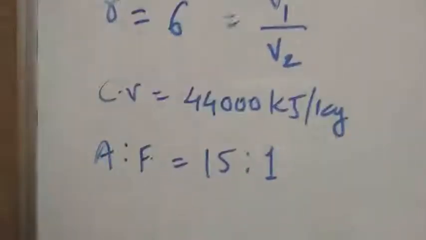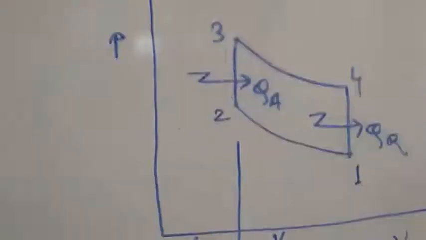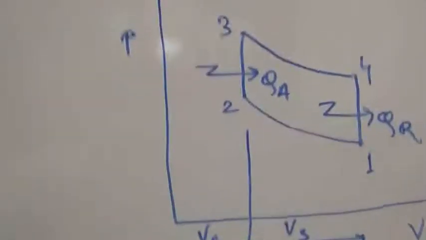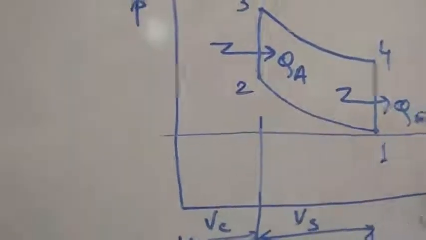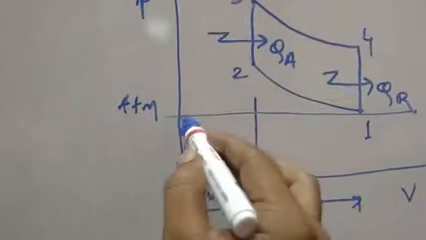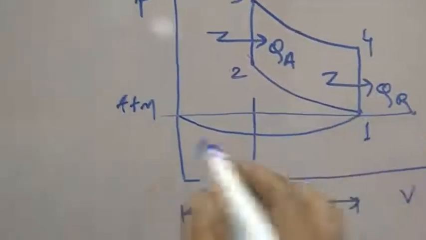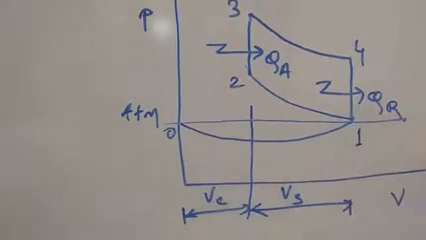Then the temperature and pressure of the charge at the end of suction stroke. Can you tell me at what point this temperature and pressure are given? We know the suction stroke is along the atmospheric pressure line, 0 to 1. So at the end of the suction stroke, that is point number 1, they have given temperature and pressure.